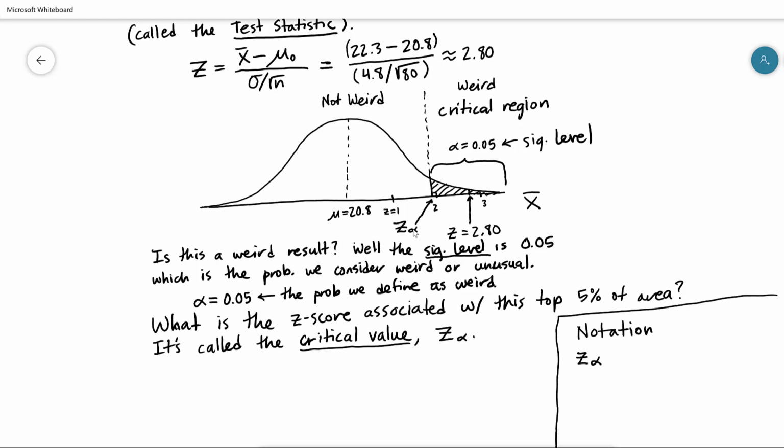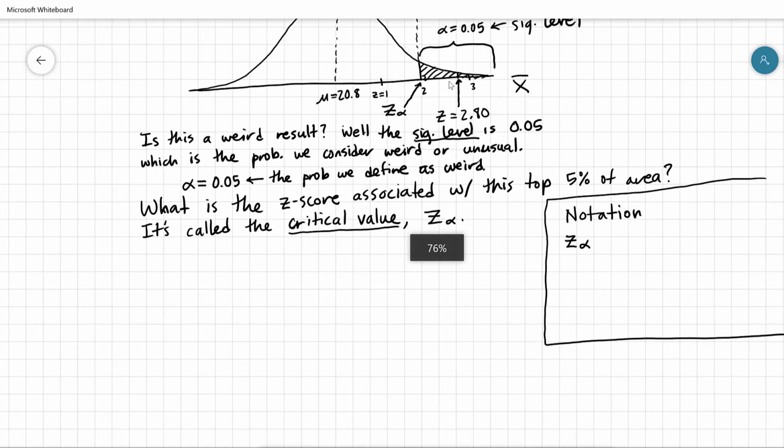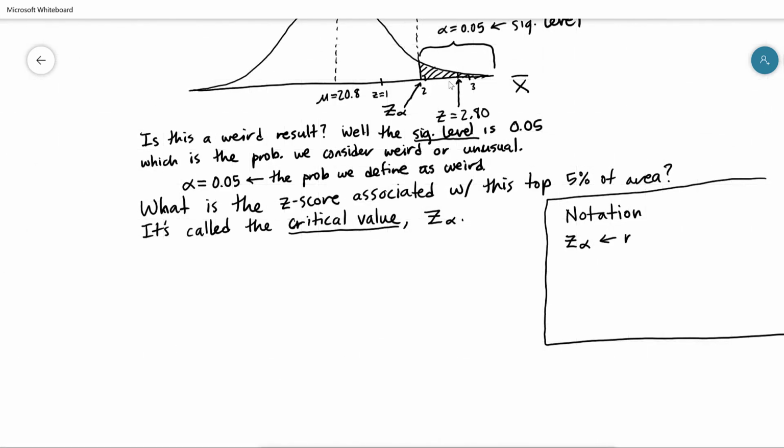If this z-score is some positive number, the mirror image z-score will be the negative of that same number. So if we have a right-tailed hypothesis, as we do here, this is the notation we'll use. And it's because all of that area alpha is all in the right tail. If it was left-tailed, we would use the same number, but it would be the negative of the z-score. So this would be in the left-tailed case.